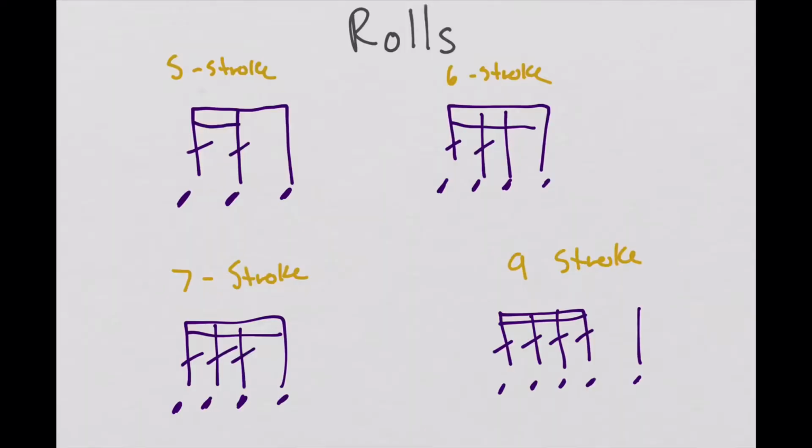And you can see that little dash across the stem of the note. That's the diddle symbol. That's the symbol for two on the same hand, twice as fast as the value of the note. So if it's a 16th note, we're doing 32nd notes. We also have 6-stroke rolls, 1, 2, 3, 4, 5, 6. We have 7-stroke rolls, 1, 2, 3, 4, 5, 6, 7. And then 9, 1, 2, 3, 4, 5, 6, 7, 8, 9. That's just a full beat with a release, right?